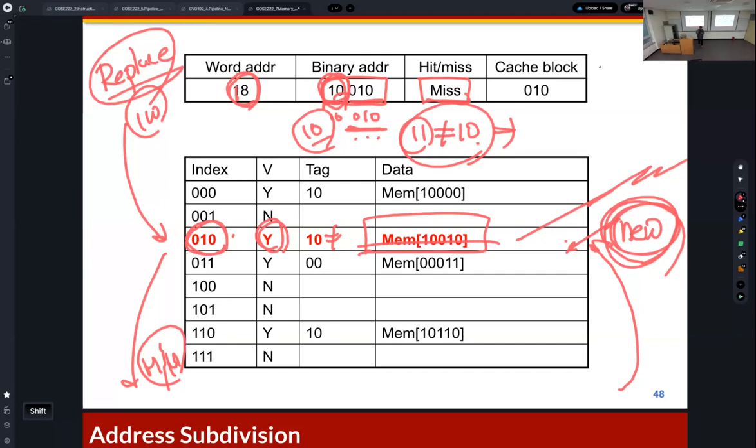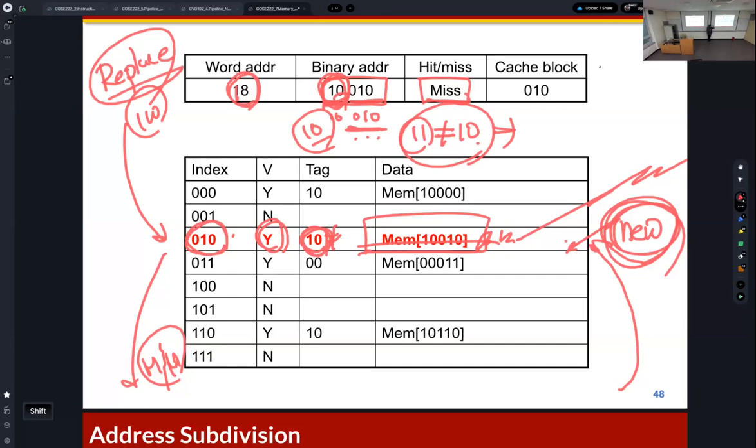This old data needs to be replaced. The cache size is limited, so we cannot keep the old data. So the old data is evicted from the cache. Then the tag is updated with the new tag 10, and the new data is stored in the cache. Okay.